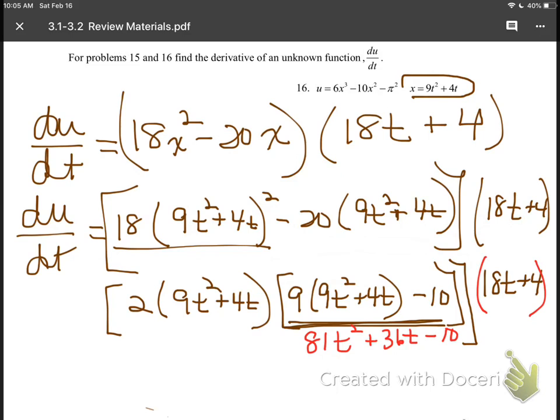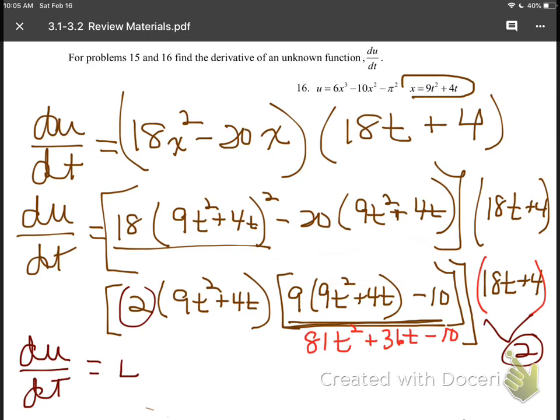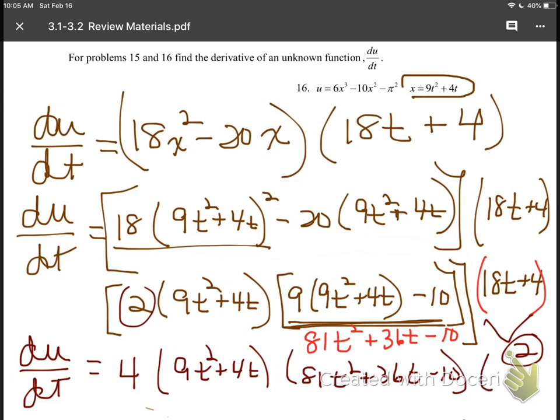When we finish this whole problem, du dt, I think I'm going to take a 2 out of here and combine that 2 with this 2. So I'm going to get 4, and then I have 9t squared plus 4t times 81t squared plus 36t minus 10 times, I took a 2 out, so 9t plus 2.